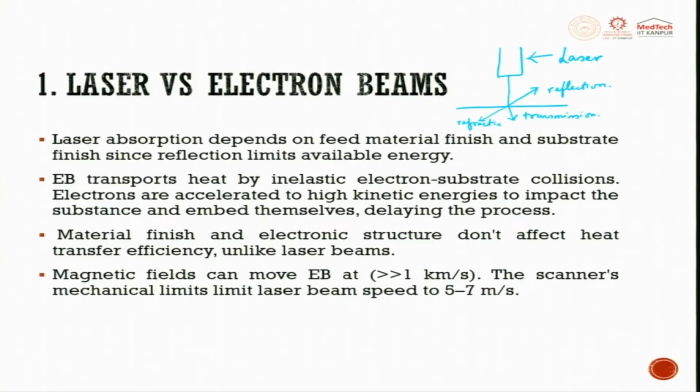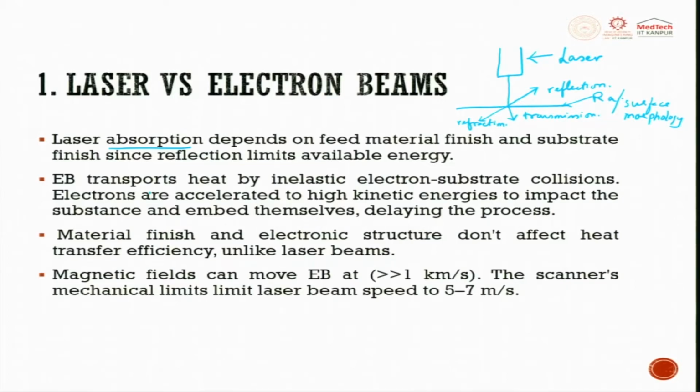But the reflection property or the absorption generally depends on the surface finish of the substrate, Ra of the substrate, or the powder surface morphology, so that it does not reflect, or get into transmission or refraction. It has to absorb, right.